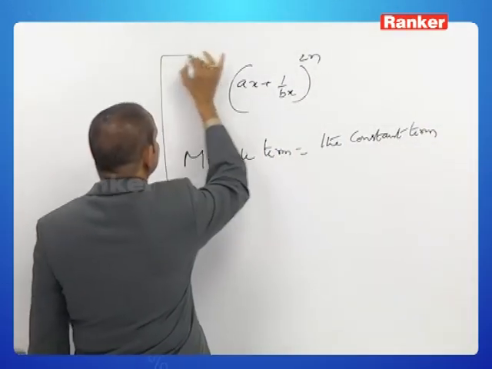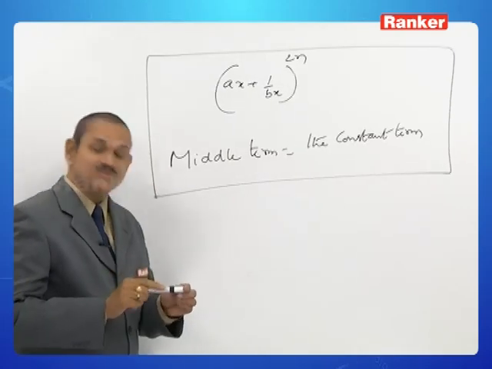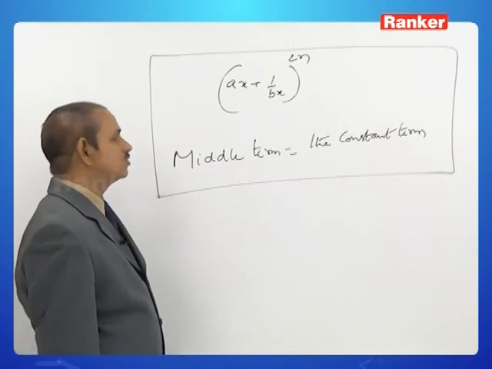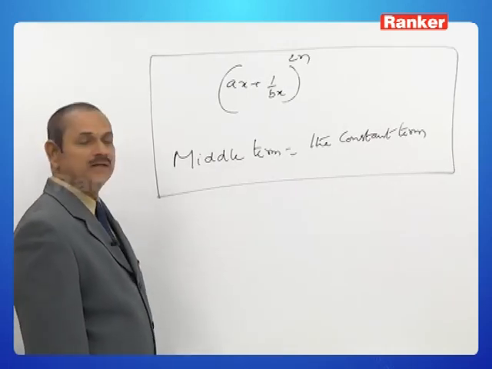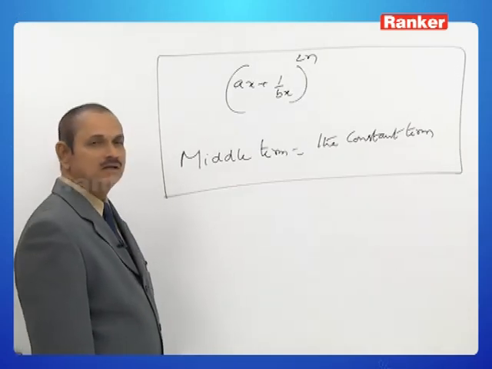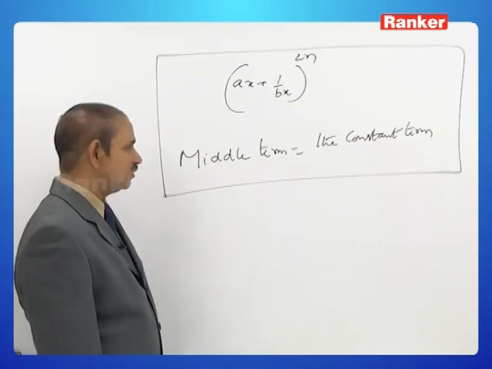What is the middle term actually? Whole power 2n is there, 2n is even, so the number of terms is 2n plus 1, that's odd. There is exactly one and only one middle term, namely t(n+1).